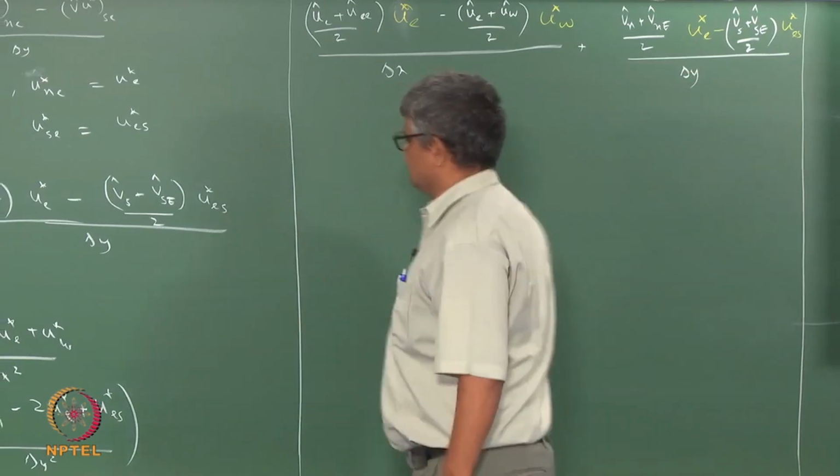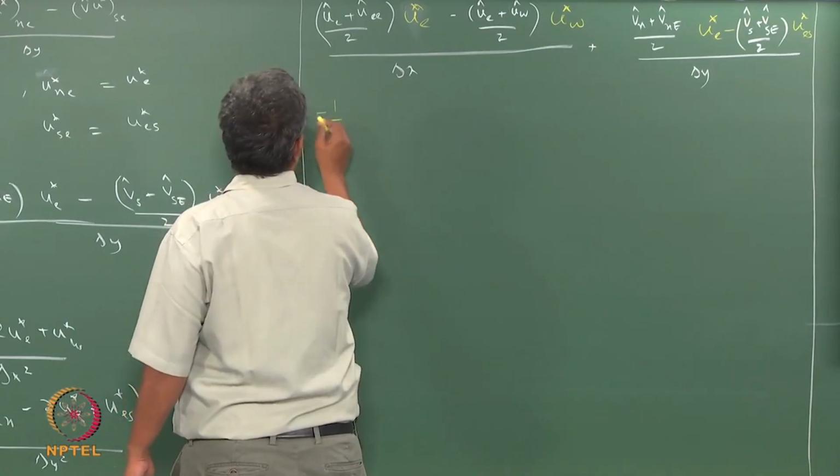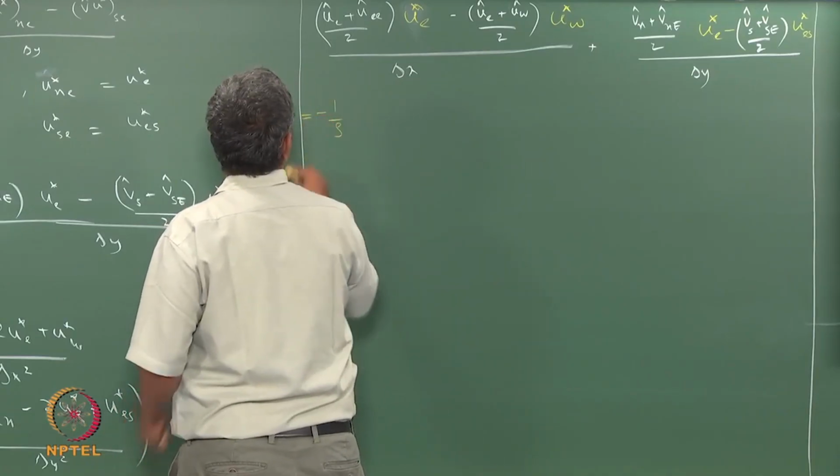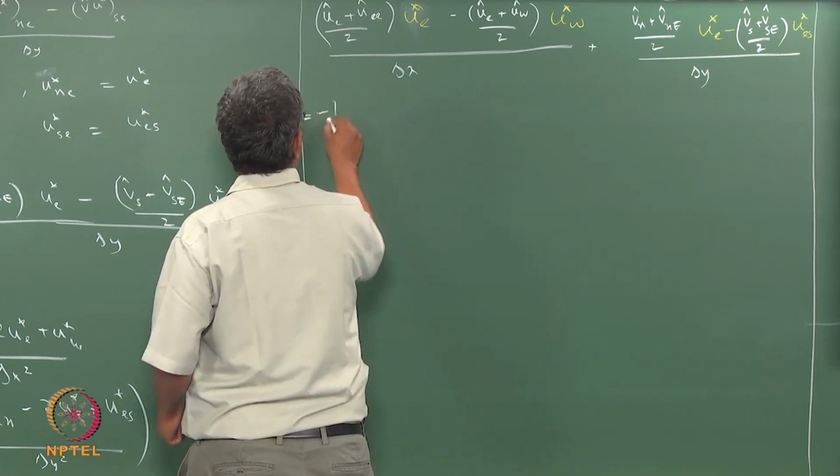Okay, so you have this u star minus this whole thing is equal to minus 1 by rho.